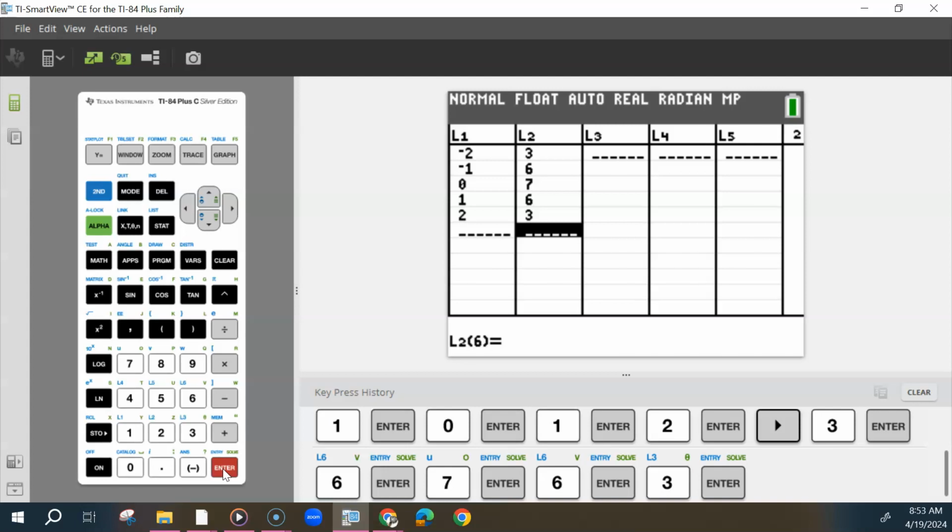And then once you have your data, you're going to go back into stat and scroll over to calculate.